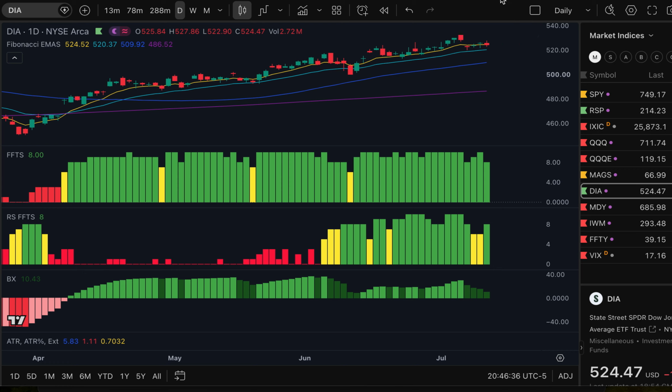What I'm looking for is trend and momentum. And the way that I measure trend is with this indicator here that's labeled FFTS.